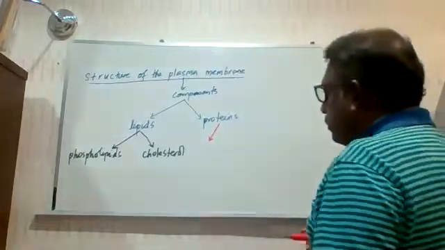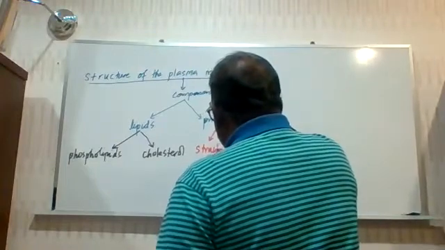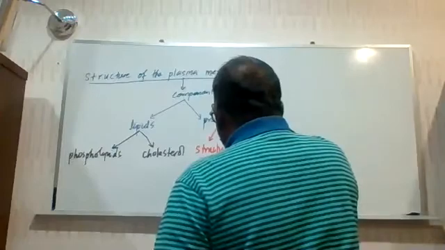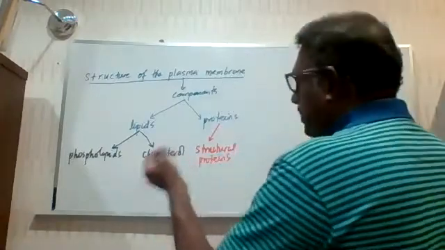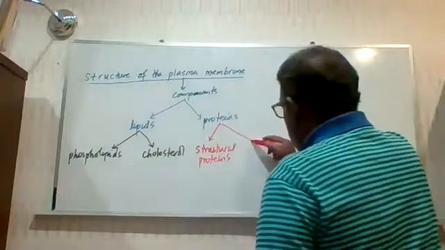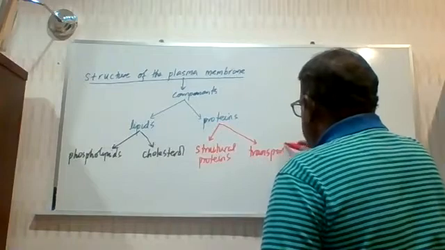So, for example, the proteins that we find in the plasma membrane include structural proteins, which contribute to the stability of the structure of the plasma membrane. Then you have proteins which are basically known as transport proteins.